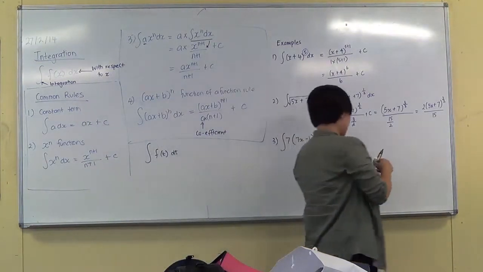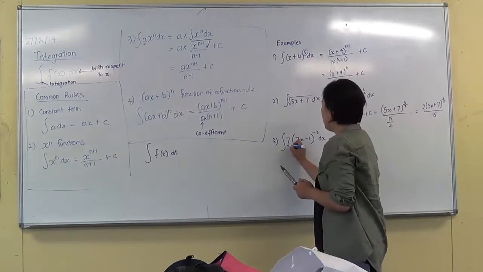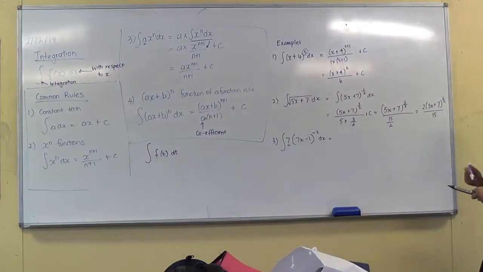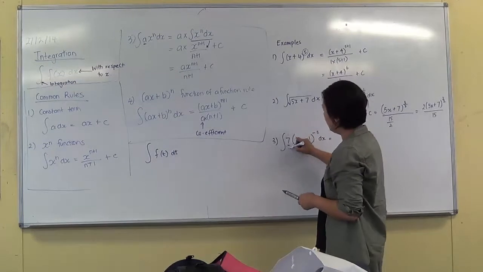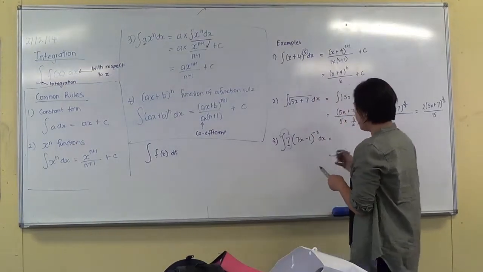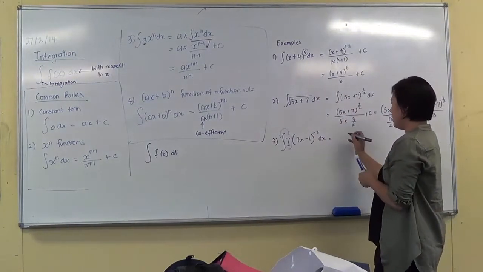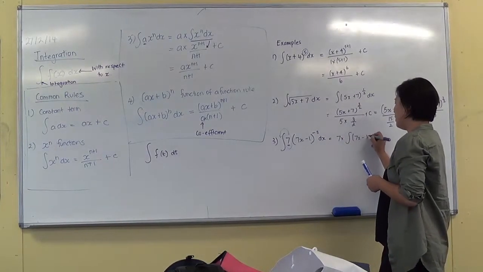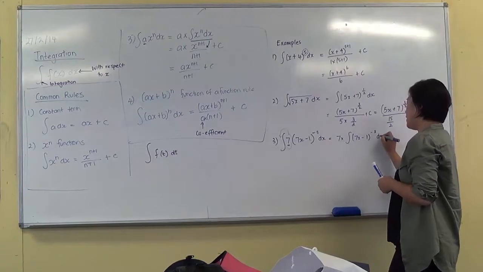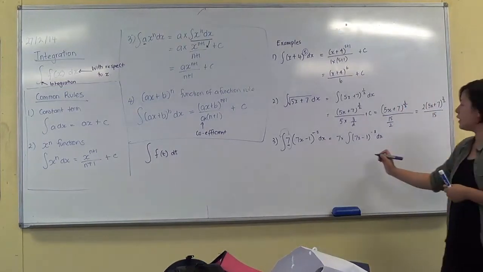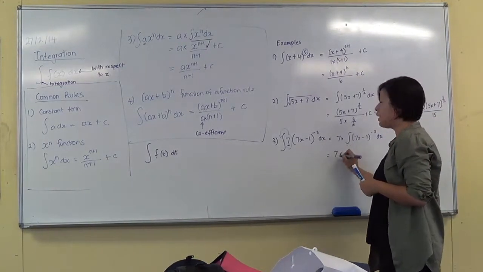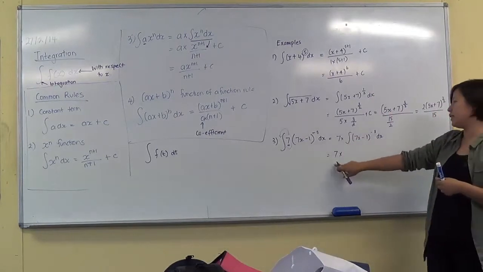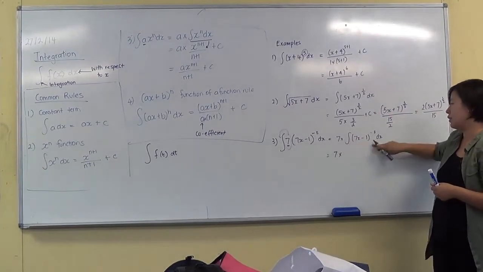So this 7 in front is a constant, so we can take the 7 outside, and that gives you 7 times the integration of 7x minus 1 to the power of negative 8 dx. We'll leave the 7, we'll multiply by 7 later, and we'll integrate this first.